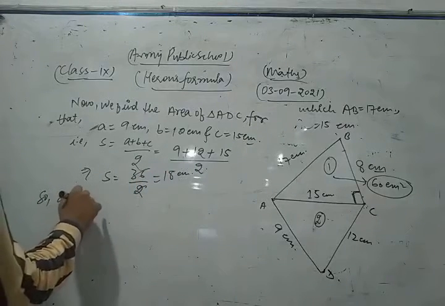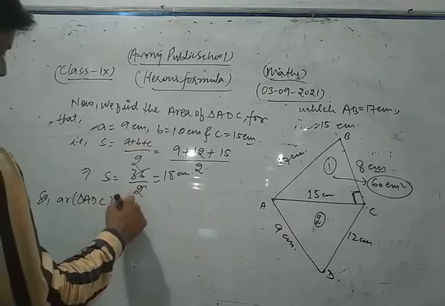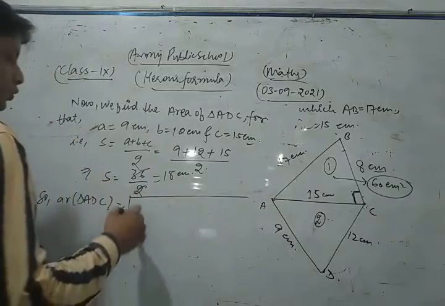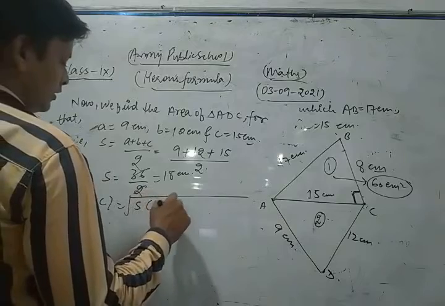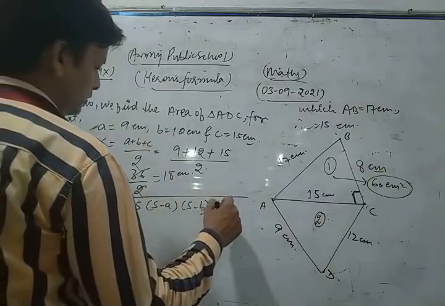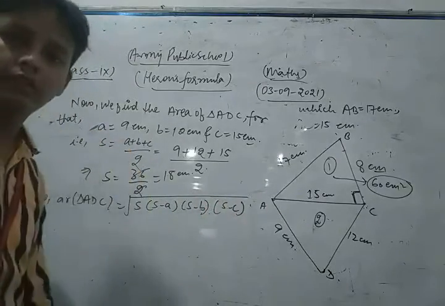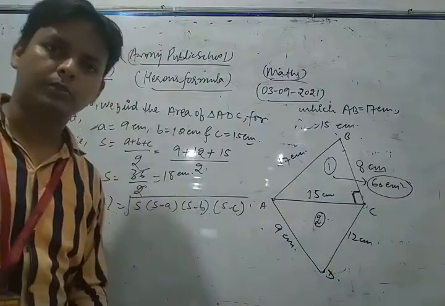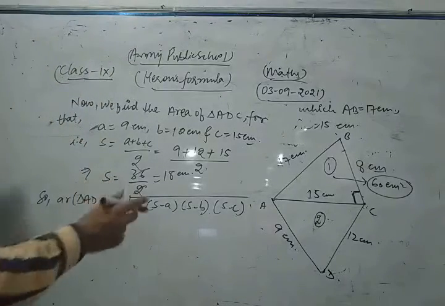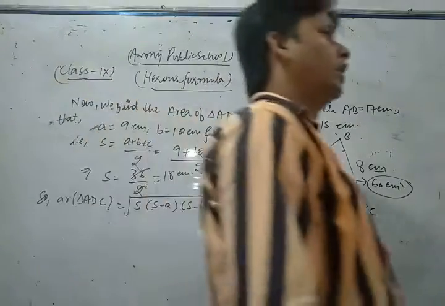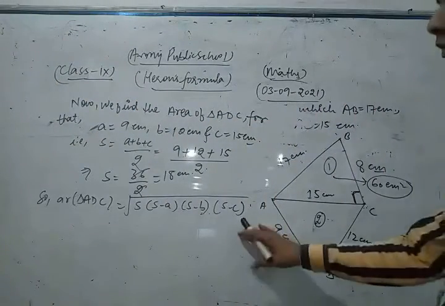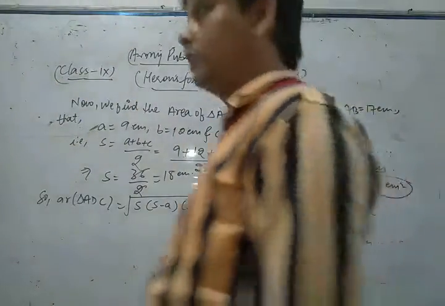So the area of the triangle is equal to, we apply Heron's formula, square root of S into S minus A, S minus B and S minus C respectively. Now we put all the values in that formula and simplify them. Okay, let's see.